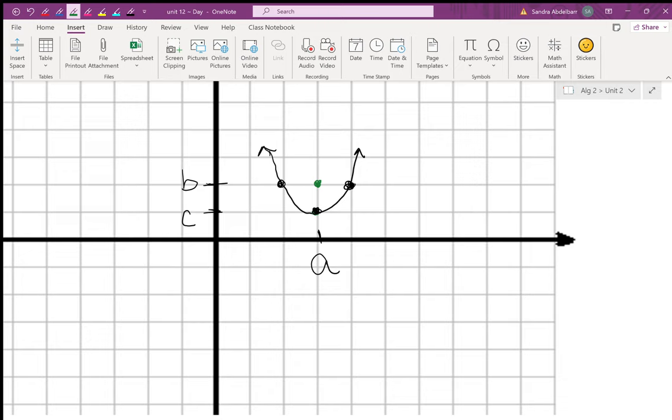Let's say what I'm highlighting in pink is the directrix. This point right here, what is that called? The vertex. And this green point is going to be the focus.